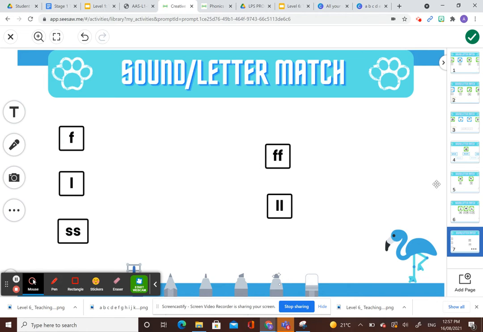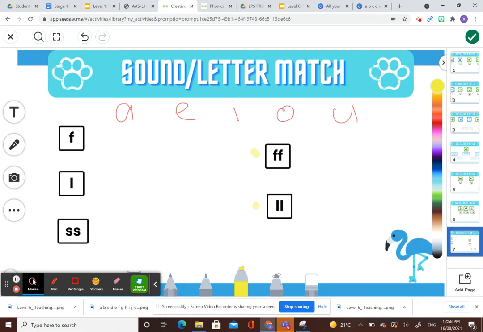So we might remember from earlier lessons that our single vowel sounds are A, E, I, O, and U. Now these are our single vowel sounds. Now when we hear the F, L, or S straight after one of these single vowel sounds, then we'll use our double graphemes here.